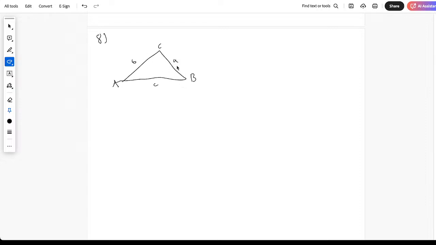Okay, for this one it says side A equals 5, angle C is 120, angle A is 45, and we need to find the rest. So we need to find angle B, side C, side B. The angle B, really easy.